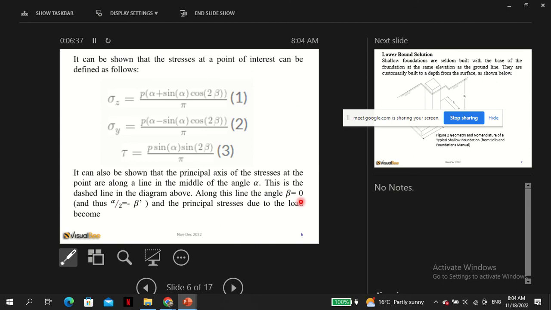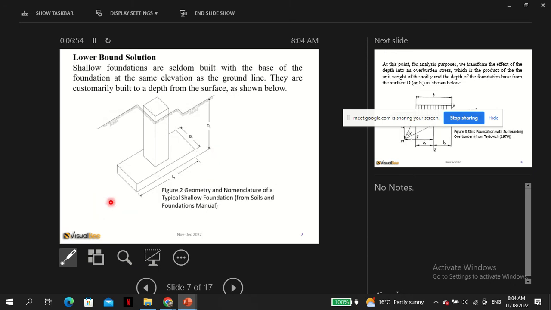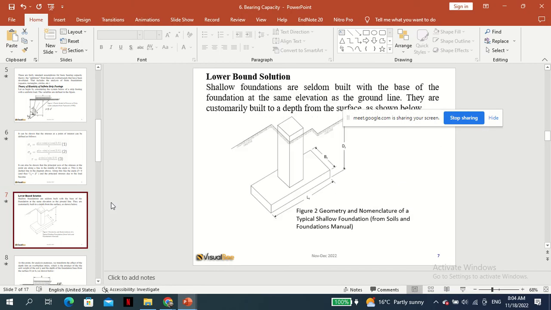Along this dashed line, the beta is 0, and thus alpha over 2 is negative beta prime. The principal stresses will become, based on what we've said, what happens? The principal stresses.